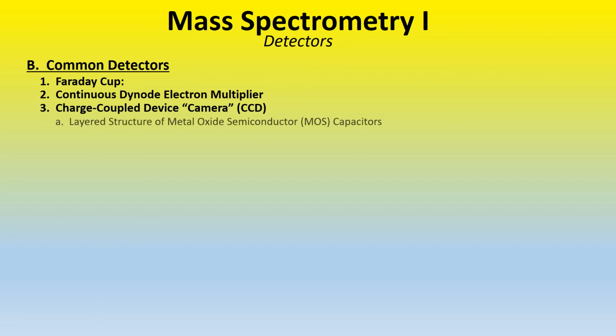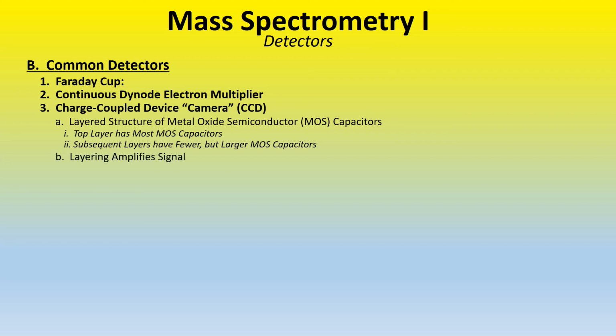A charge-coupled device is a layered structure of metal oxide semiconductor, or MOS, capacitors. The capacitors get larger as you go down, so the top layer has the most capacitors, but they're rather small. Subsequent layers have fewer but larger MOS capacitors.